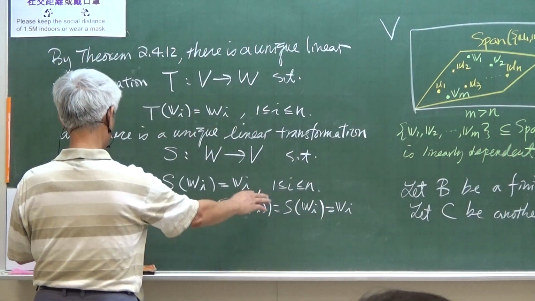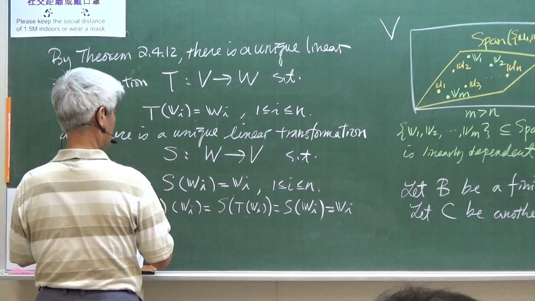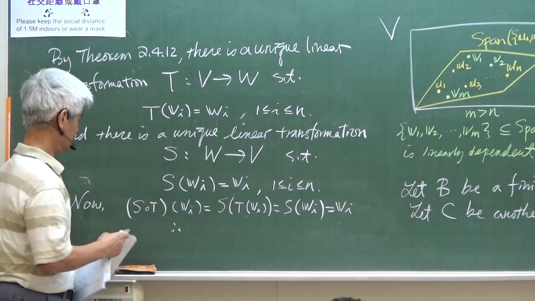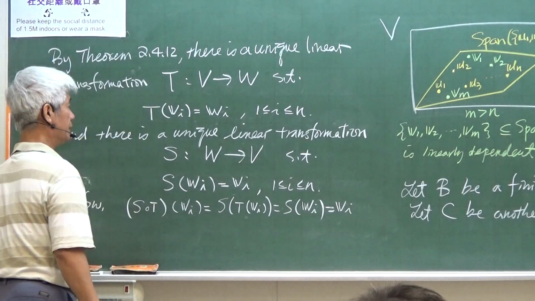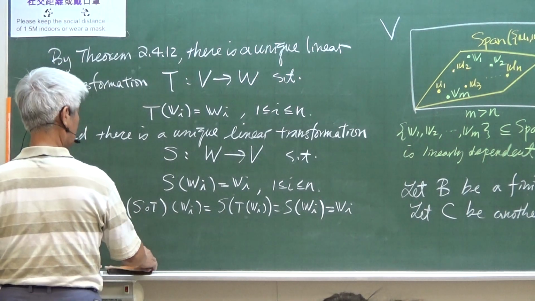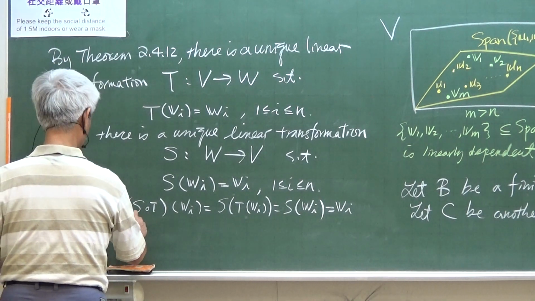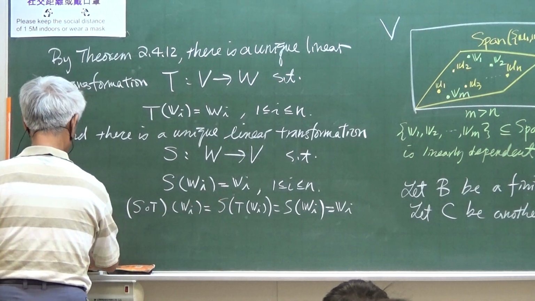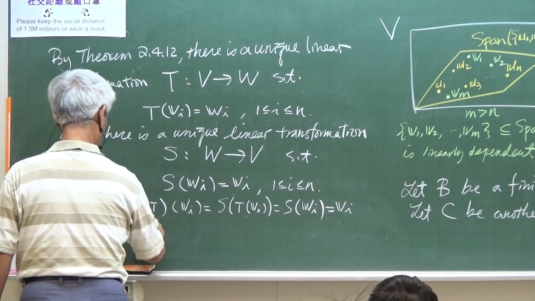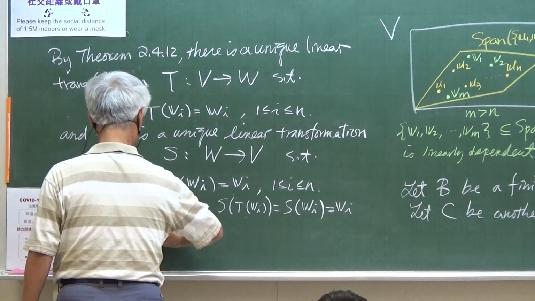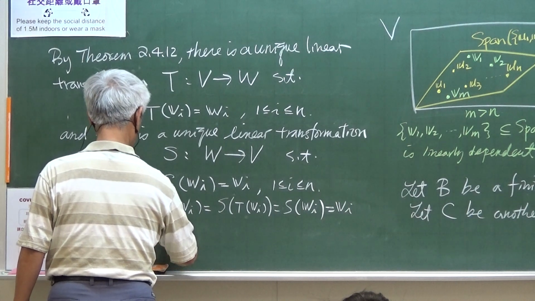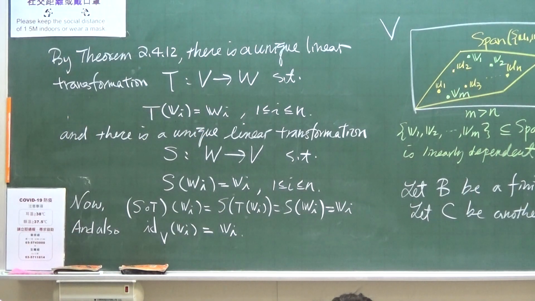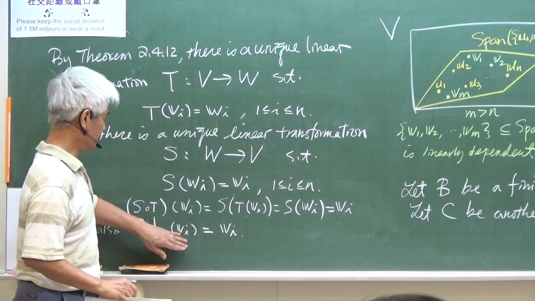And also, the identity on V equals Vi. So the identity mapping also maps Vi to Vi, of course.